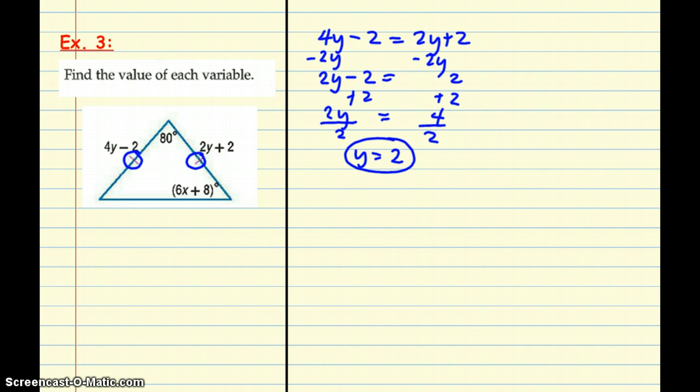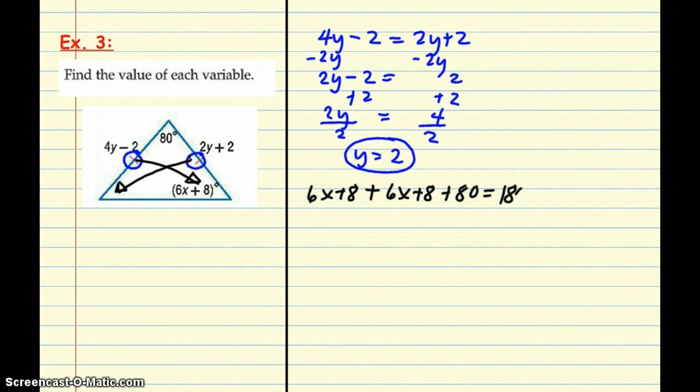Okay, and now I'm going to find the value of x. As we're looking at our diagram, because of the isosceles triangle theorem, and we have that these two sides are the same, that means this angle in the corner and this angle given to us are also congruent. So to find the value of x, I know that 6x plus 8 plus 6x plus 8 plus 80 is equal to 180 degrees.